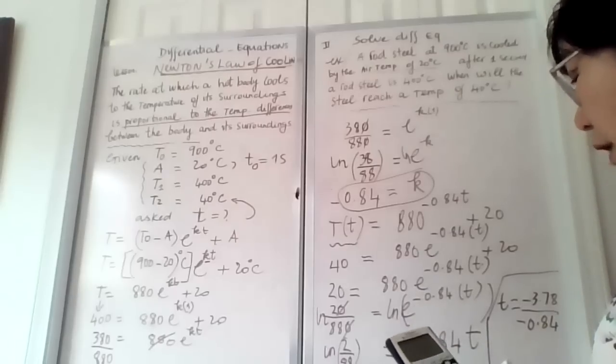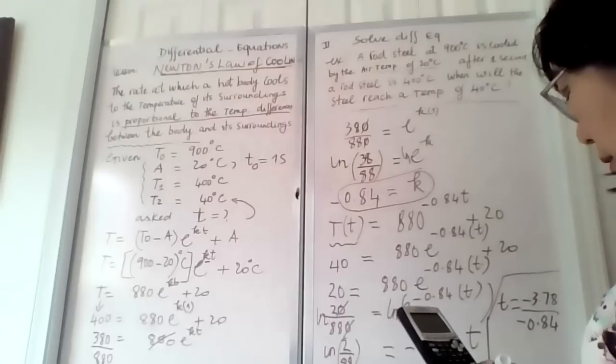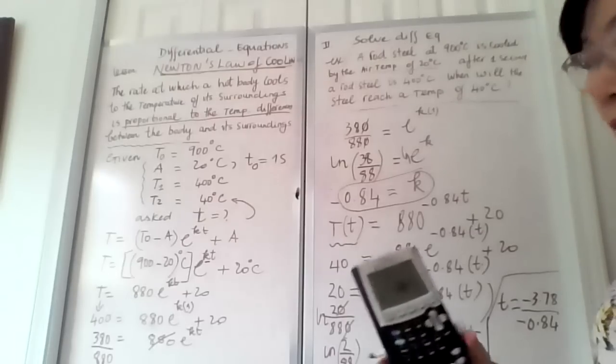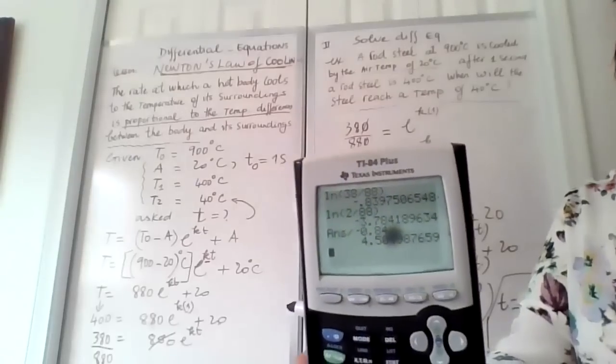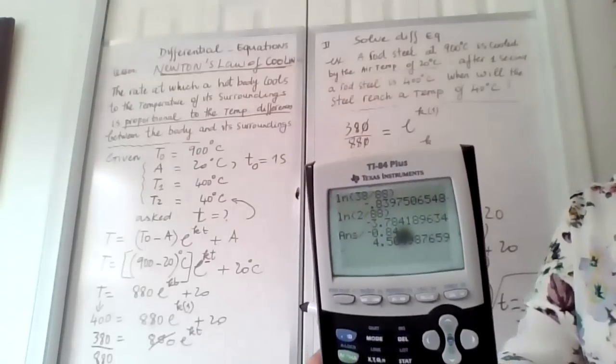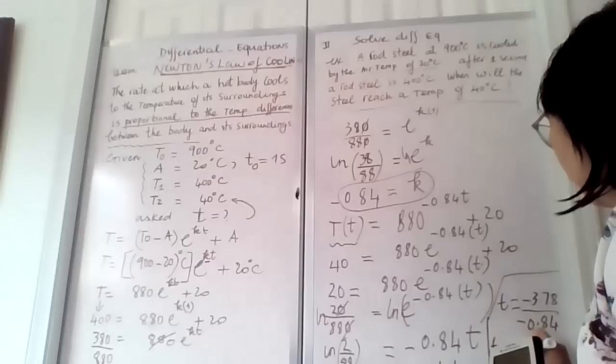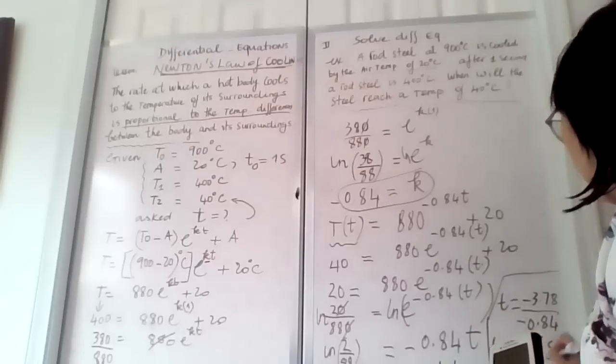So divide by minus 0.84, enter. We get 4.5 seconds. So t equals 4.5 seconds.